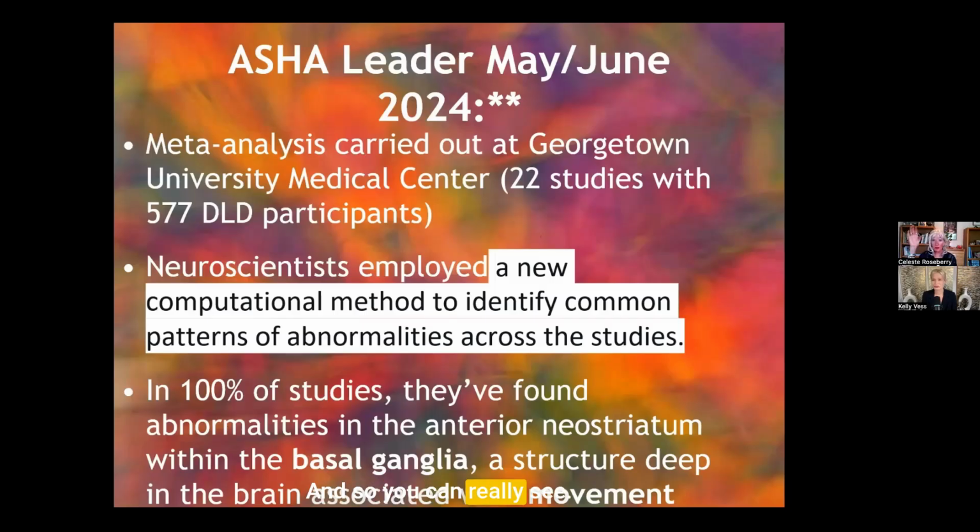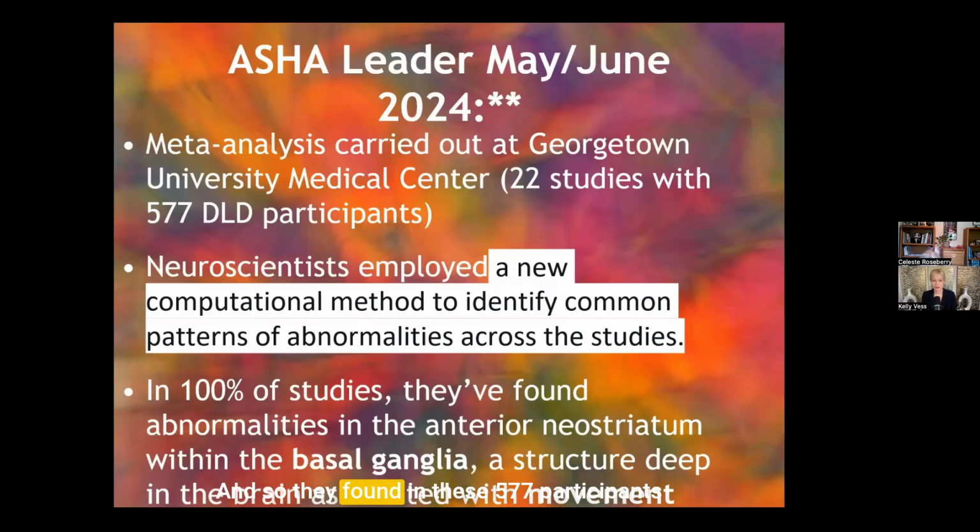And so you can really see, if you guys just start to do this and have faith, you'll be able to quickly see the differences there. This was super exciting, and I wanted to make sure we got this in. This came out in the ASHA Leader last year. They did a meta-analysis at Georgetown University, and they looked at basically patterns to abnormalities.